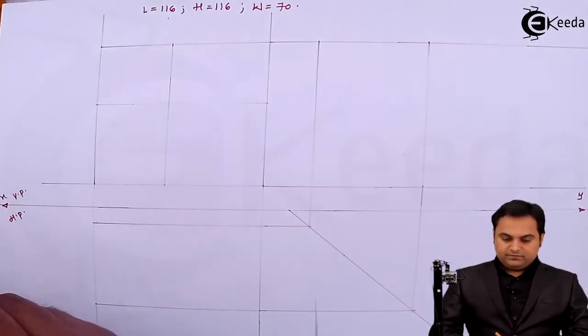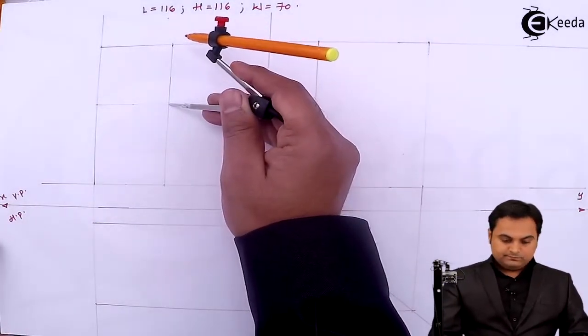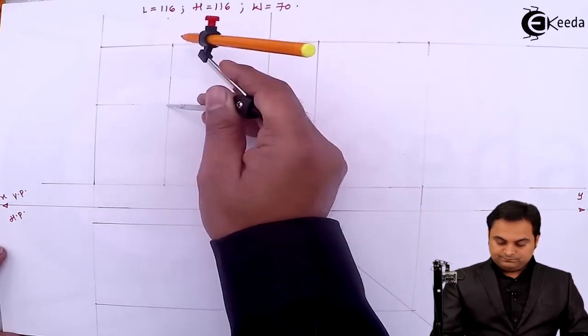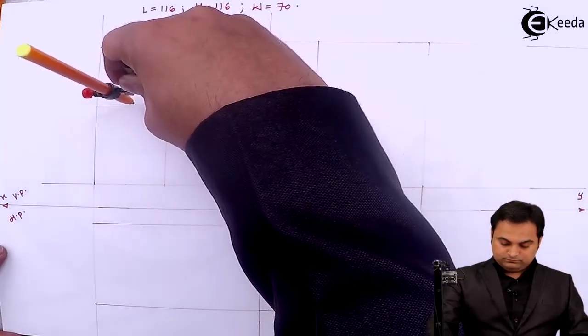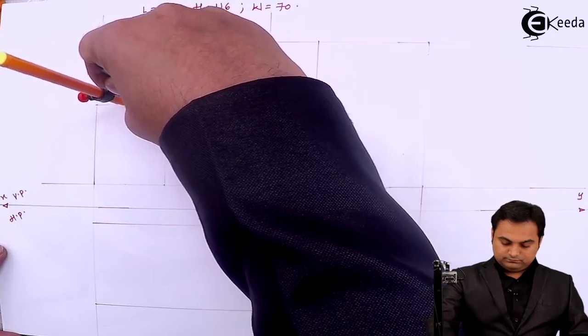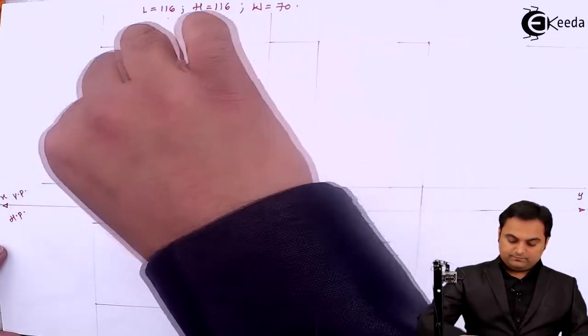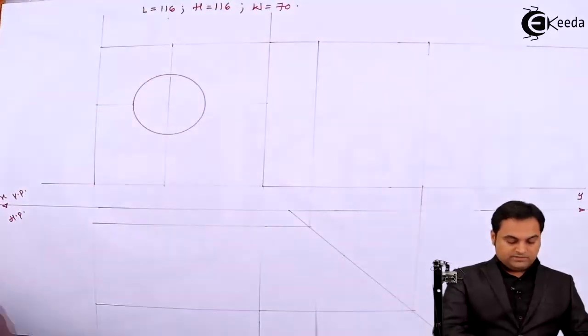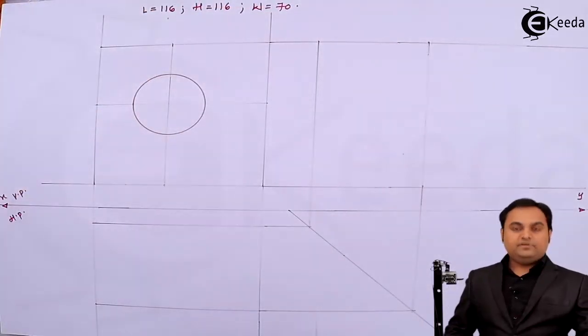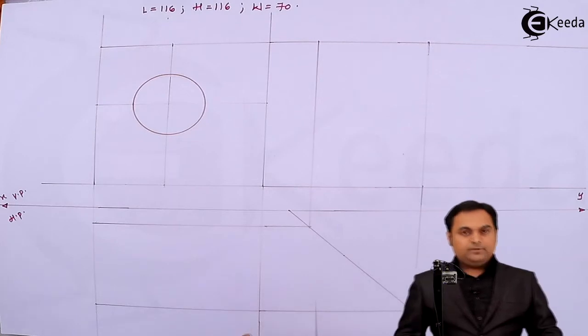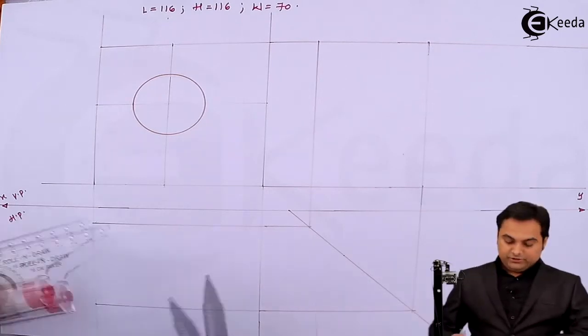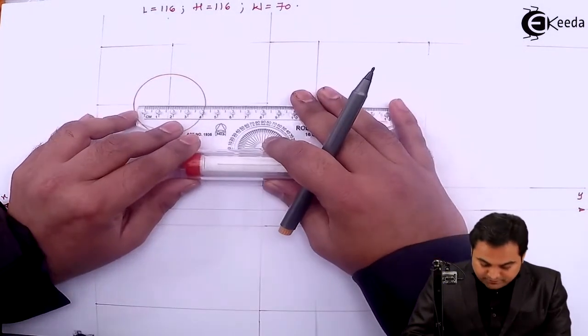Drawing a light circle from here. Inside this there is another circle of diameter 16 which I'll double so it becomes diameter 32. So the radius will be 16.